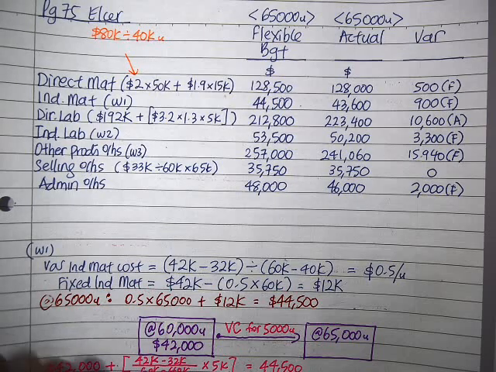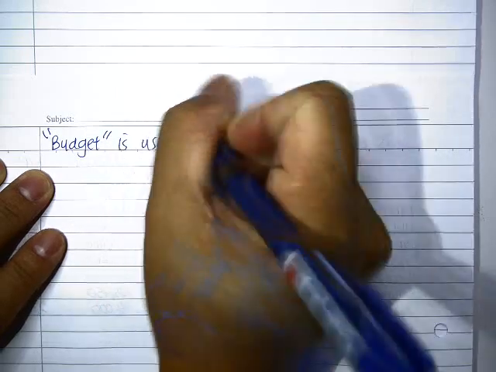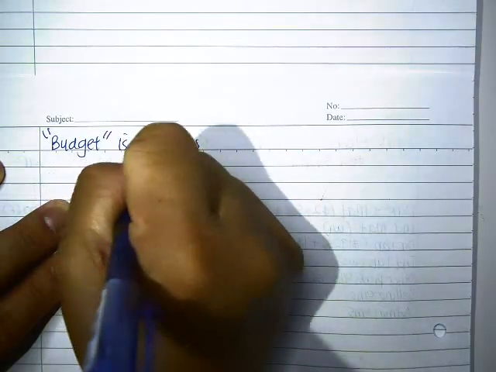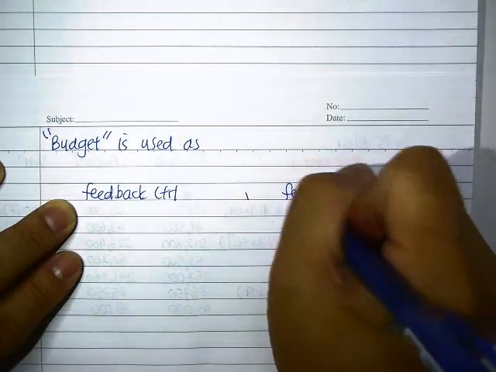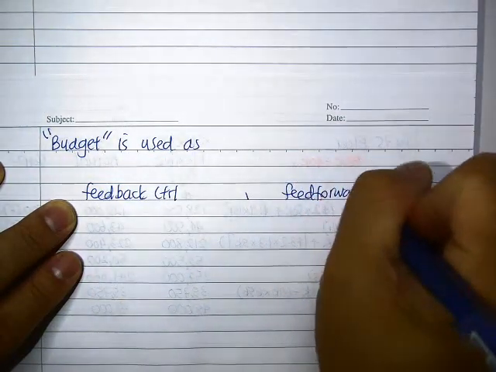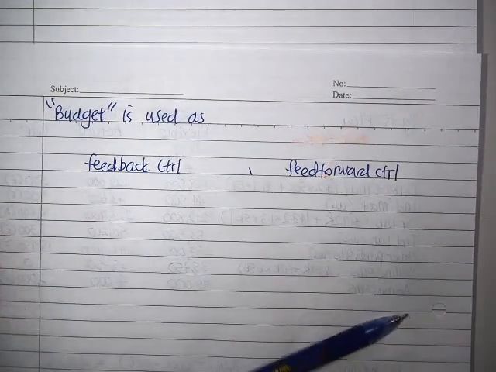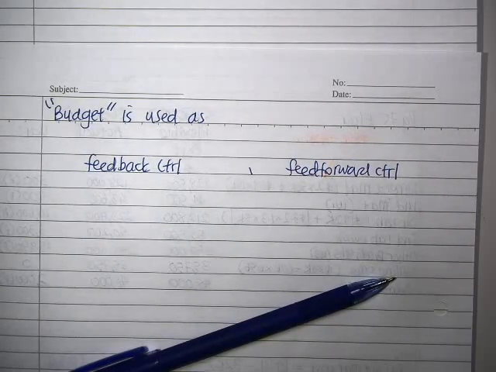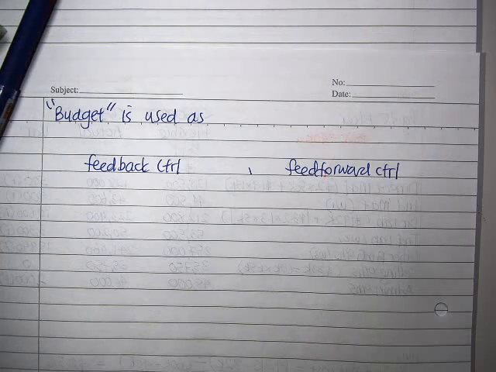Budget has been used as a form of feedback control as well as a feed-forward control.